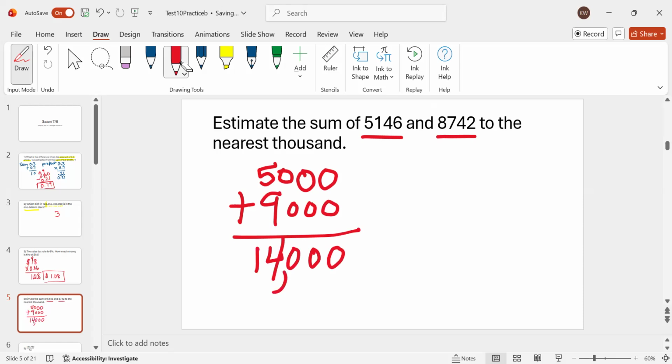So 14,000. Now, if you were asked this question and you had your calculator, yes, you could type in this number, but it's asking you to estimate them to the nearest thousand. So if you did that, you would want to round them probably before you plug them into the calculator to show that you understood the problem.